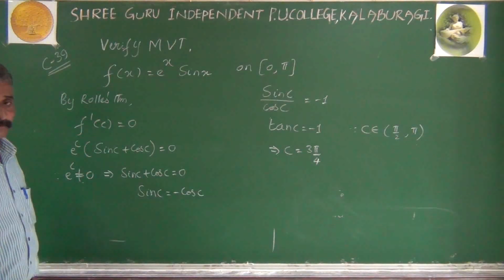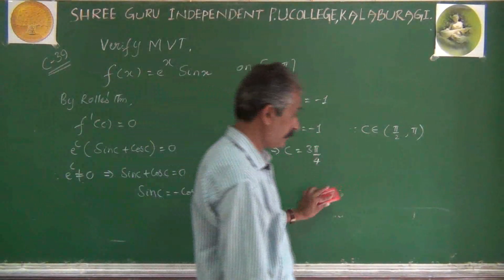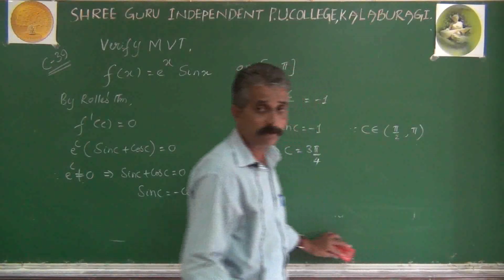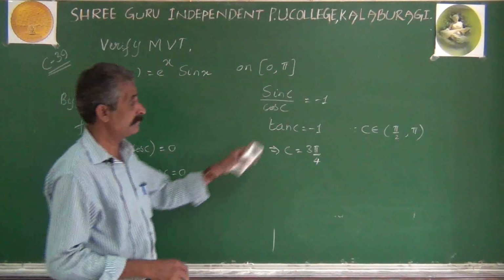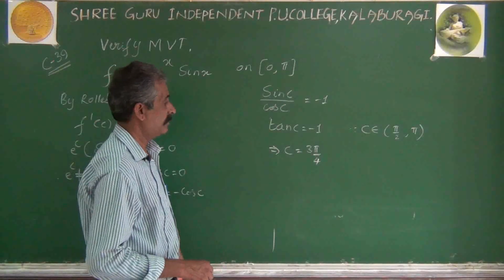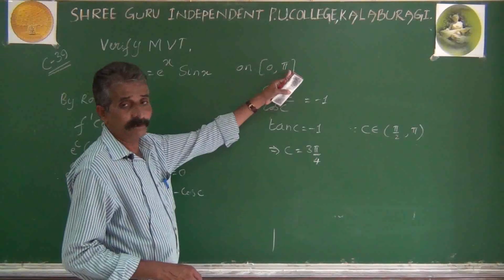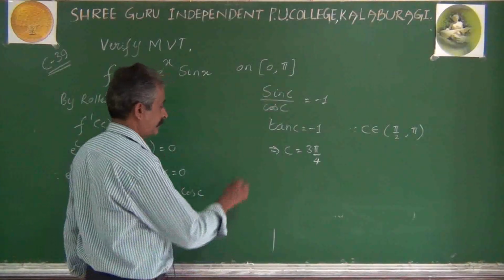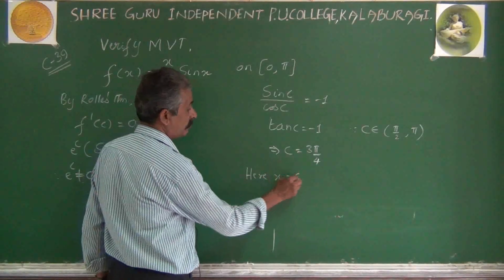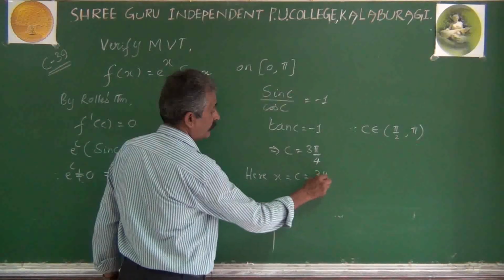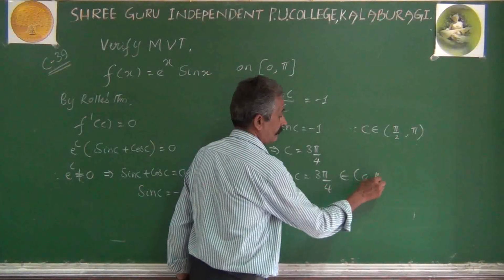Since tan of 3 pi by 4 is minus 1. If it were plus 1, your c would have been only pi by 4, but now it is 3 pi by 4 because tan c is minus 1. And does 3 pi by 4 belong to this interval 0 to pi? Right, here x equal to c equal to 3 pi by 4 belongs to the interval 0 to pi.